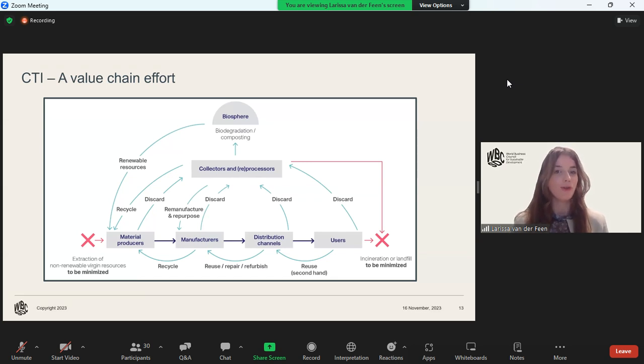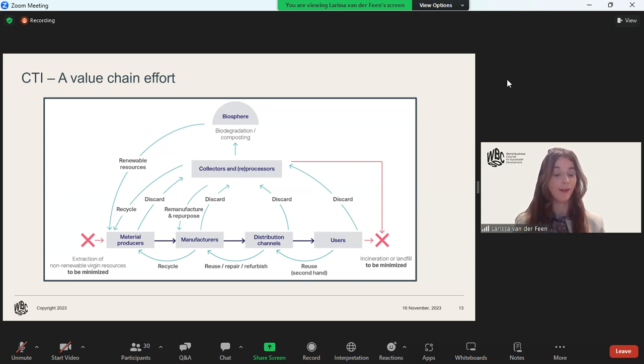What we want to do, and the goal of the circular economy, when we look at this value chain, is to minimize the extraction of non-renewable virgin resources and to minimize incineration or landfill or any waste that's leaked out in the first place.